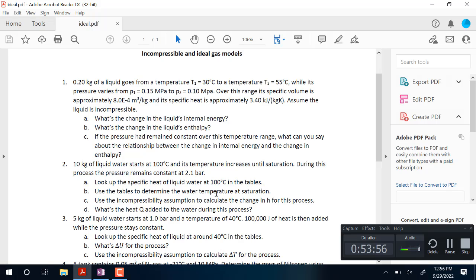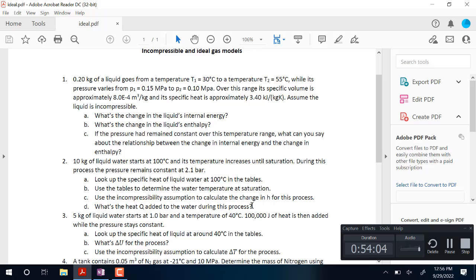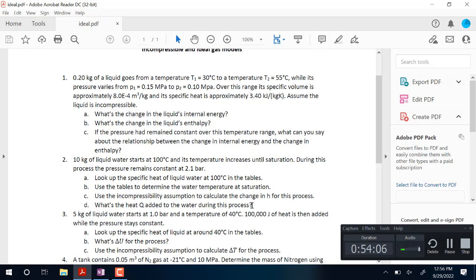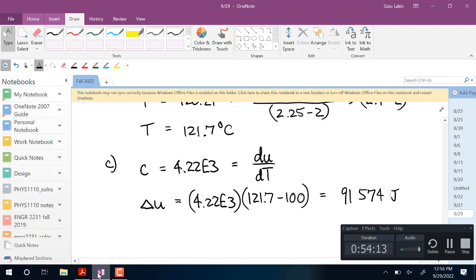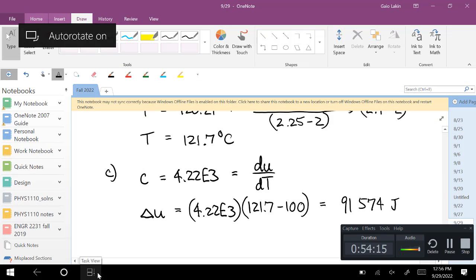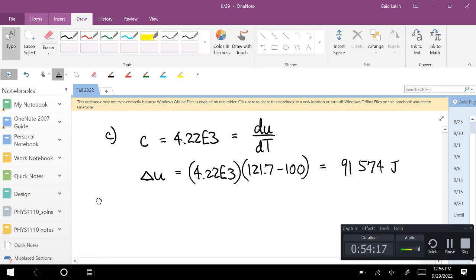The pressure remains constant. So I guess I assumed this was a... oh, well, okay, right, it's a liquid. Since it's a liquid, the volume stays the same. Since it's incompressible, that's the assumption we're making.